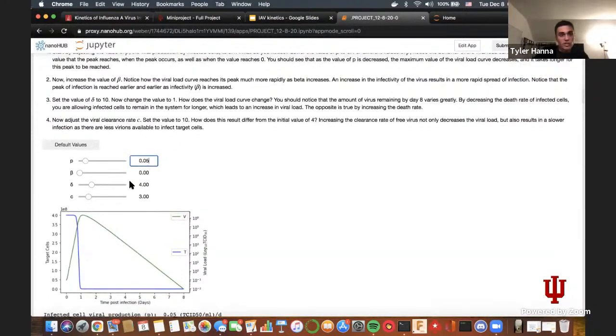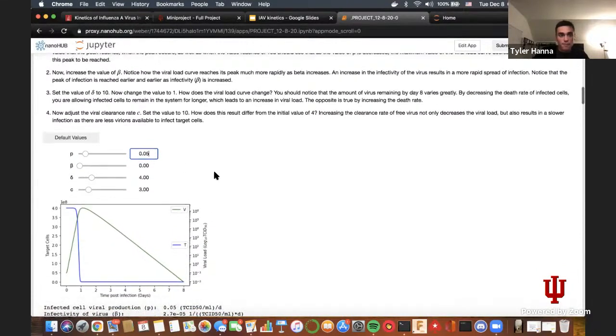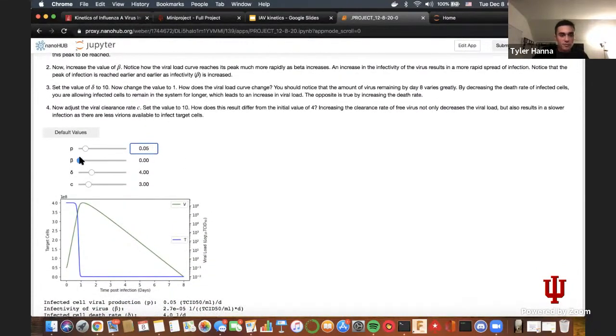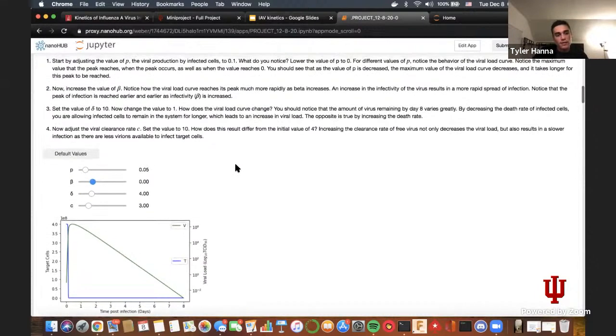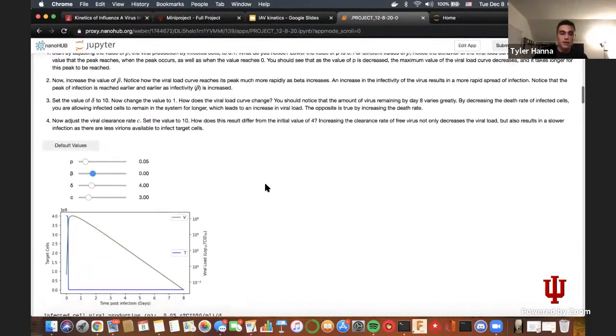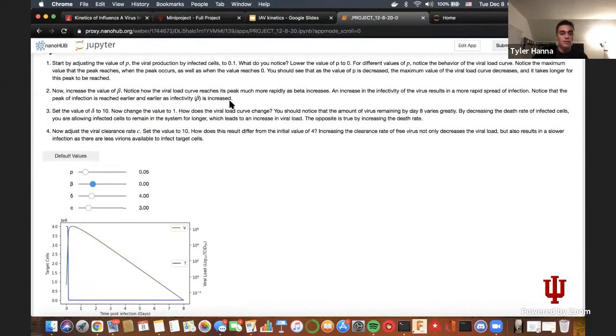Now if we change beta, beta is very sensitive, so it's hard to get a specific value. So I'll just show by gradually increasing beta how the infection will behave. Beta represents the infectivity of the virus, pretty much the probability that one virion is going to infect one cell.